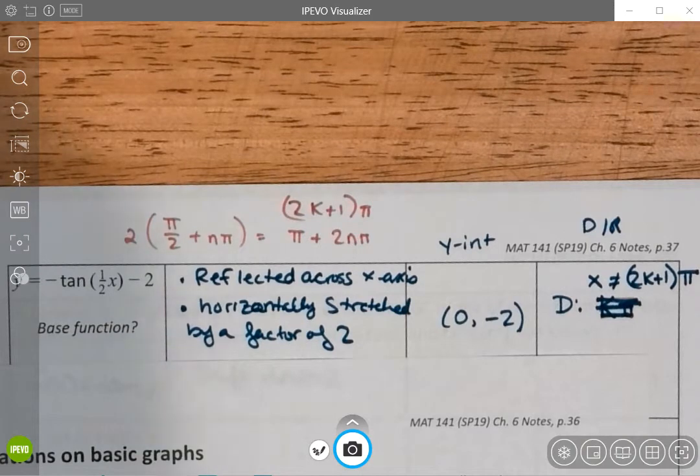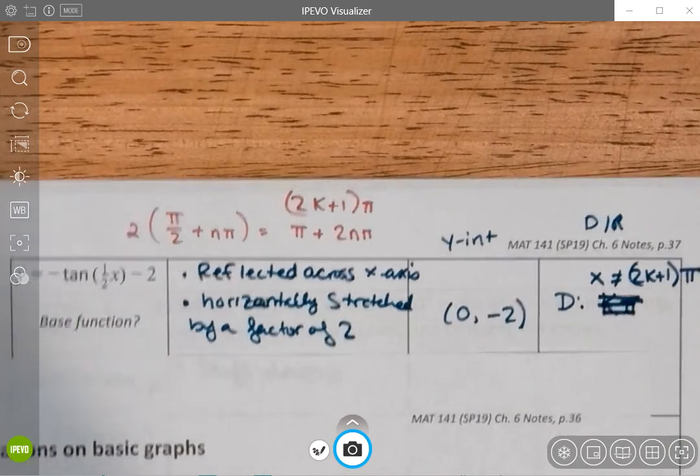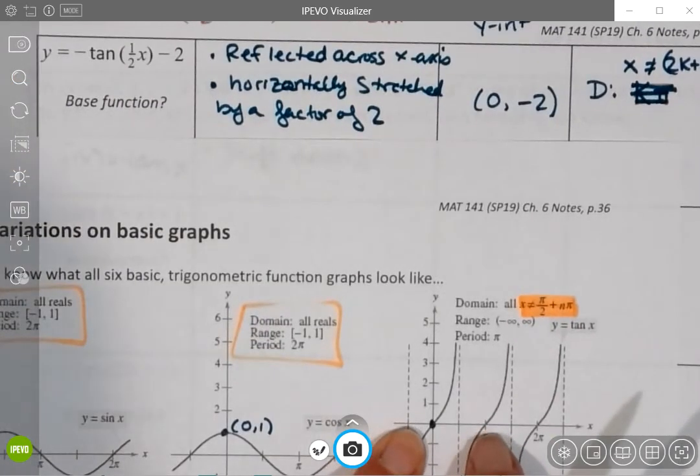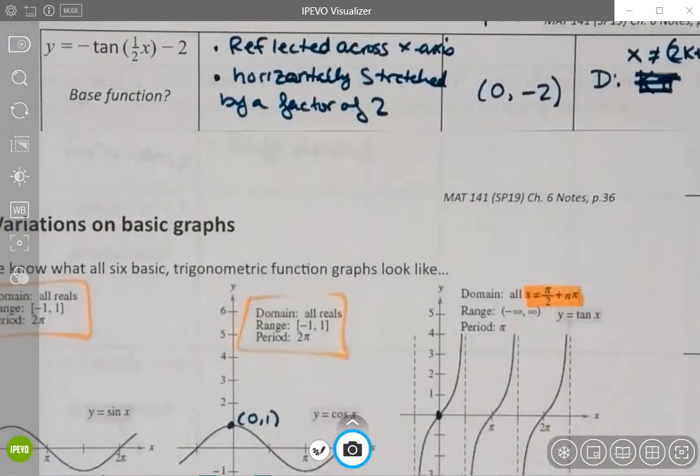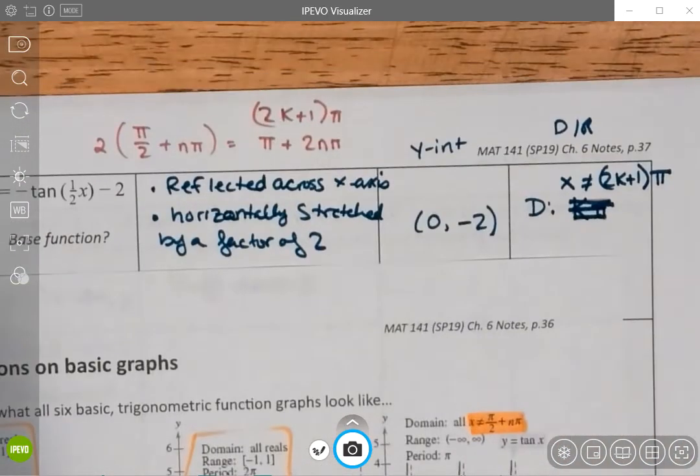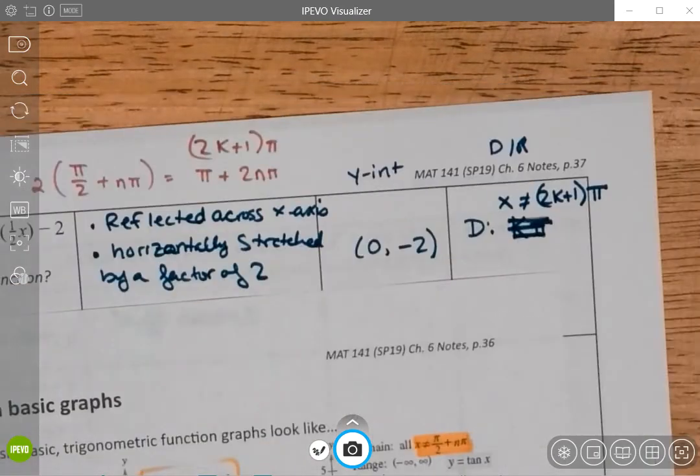It's going to pull pi over to 2 pi. So at 2 pi, we're going to go through the x-axis. So we don't have every multiple of pi, we just have the odd multiples of pi. So this asymptote that was 3 pi halves gets doubled to 3 pi. So I want pi, I want 3 pi, I want 5 pi, etc. Double each of the asymptotes. So I want just the odd multiples of pi here.